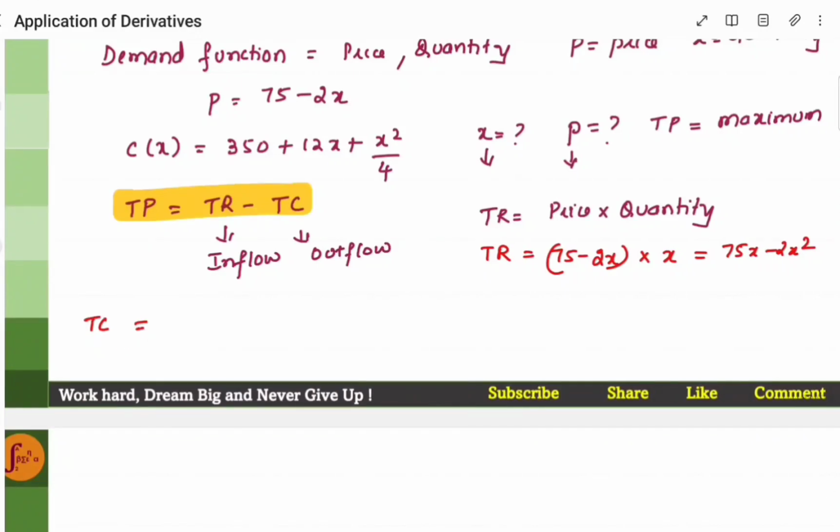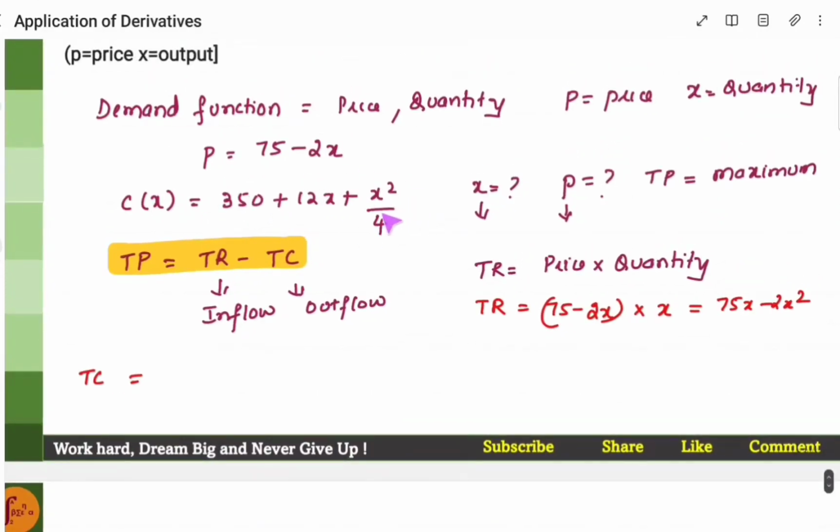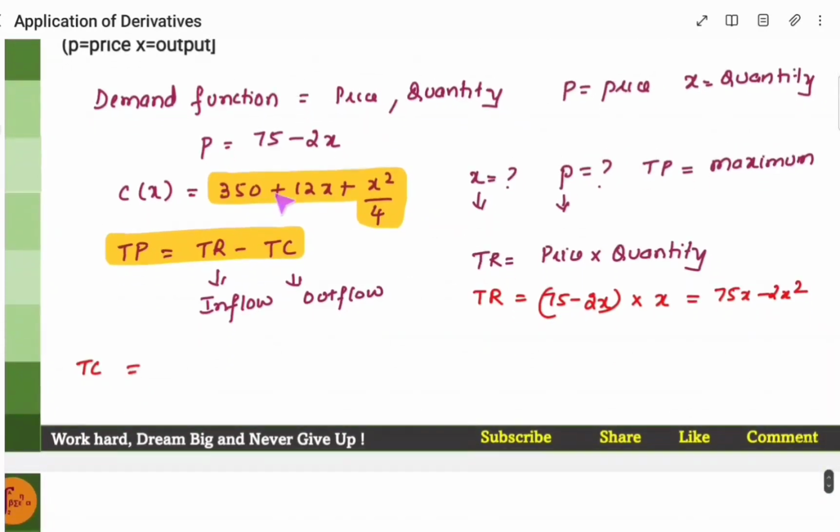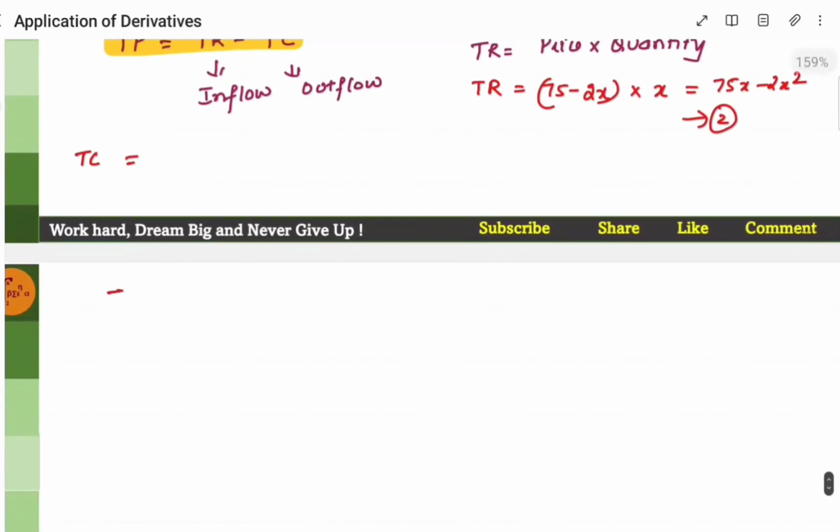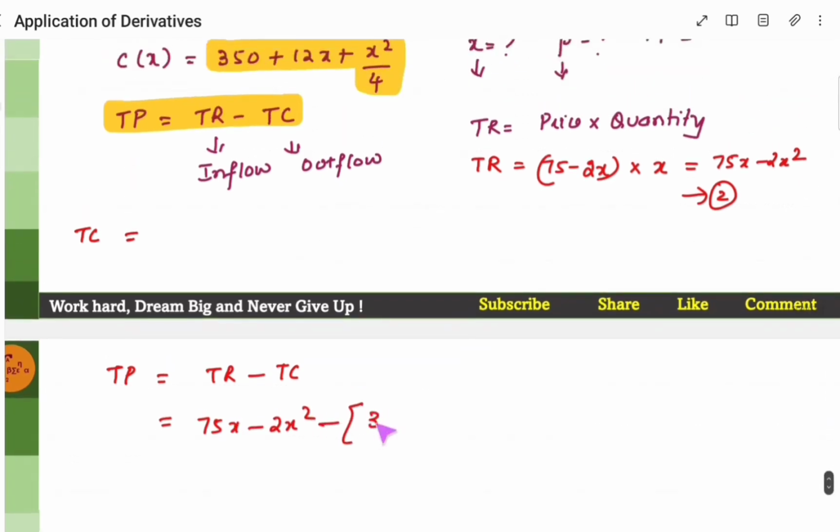What is total cost? Total cost is already given here. Now what do we have to do? We'll have to subtract this one and this one. So total profit is equal to TR minus TC. Total revenue is 75x minus 2x square, minus total cost, which is 350 plus 12x plus x square by 4.